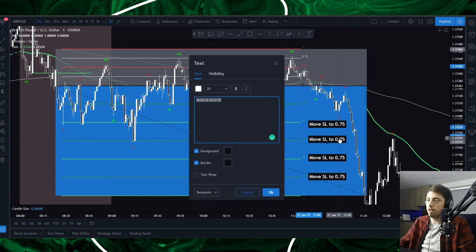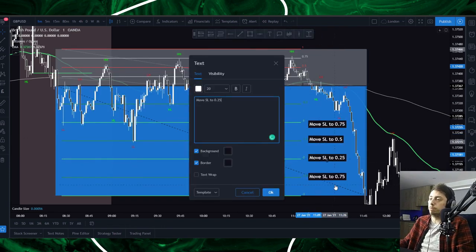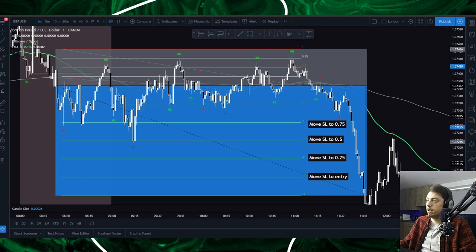Okay. So then once we reach this area, you move to 0.5, 0.25, and then you move it to entry. Okay. So by this, I'm meaning 0.75, 0.5 is the 0.51, 0.25 is the 0.251, and entry is obviously your entry, okay? So this is trade management.